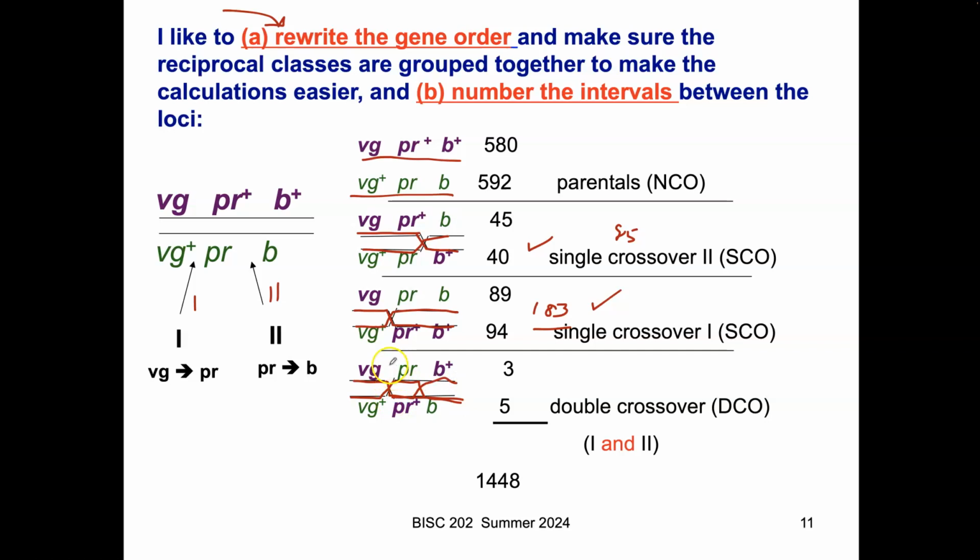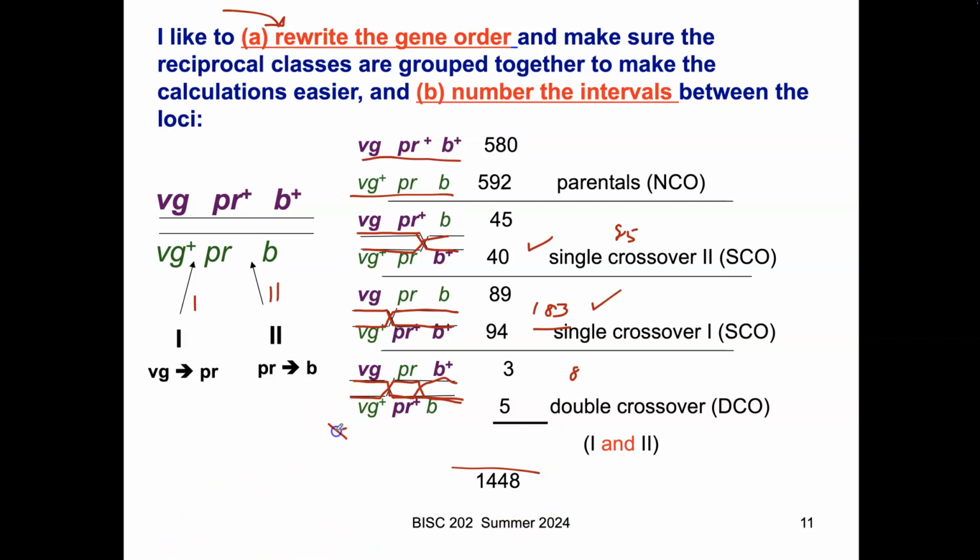Hopefully the color coding and the bolding helps you see that more easily. You've now got double crossovers, so there's been a crossover in each of those regions, and there's 8 of those. Okay, and our total is 1448.